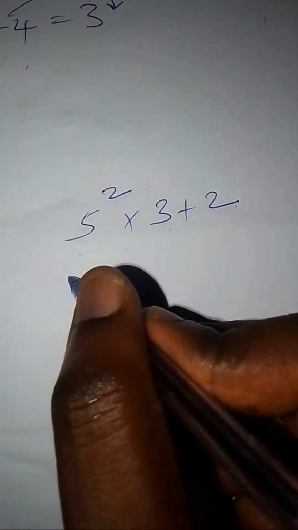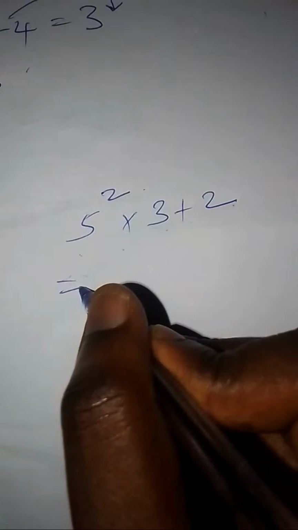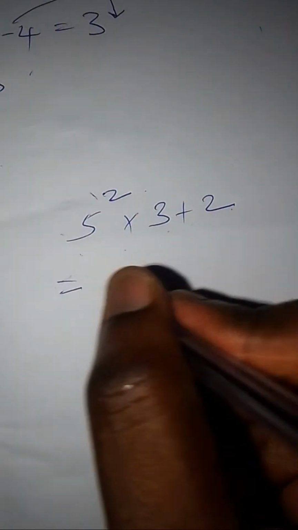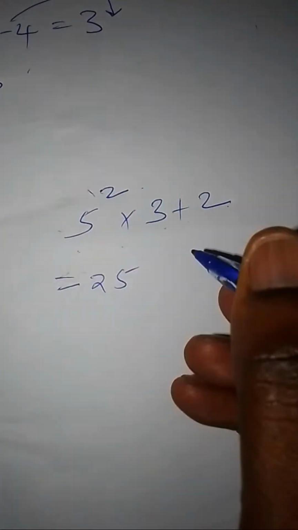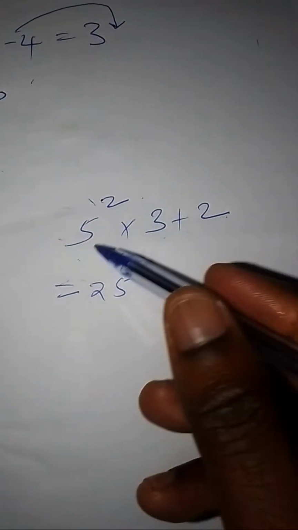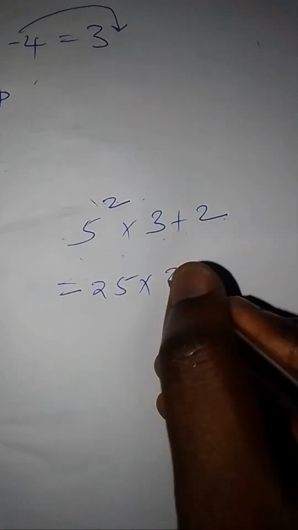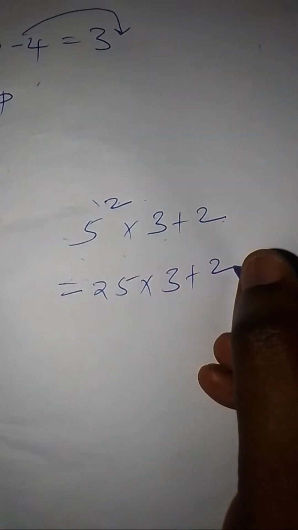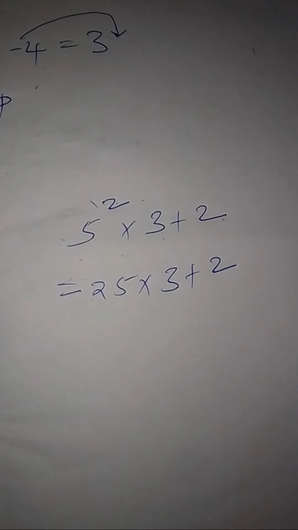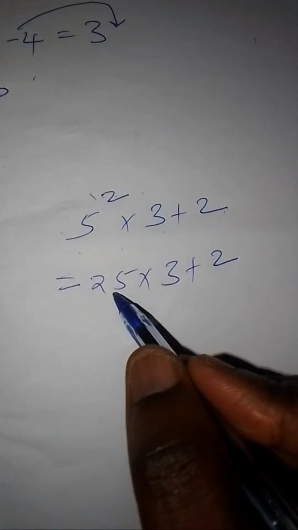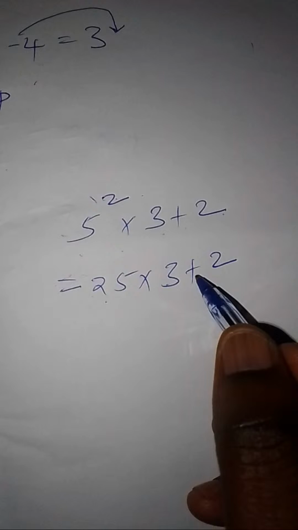So in this case, this one is equal to 5 squared. 5 squared is 25. Then from there, when you have 5 squared, which is 25, then you multiply by 3. Then you add to 2. So the next thing, you are going to take 25 multiply by 3, then you add to 2.